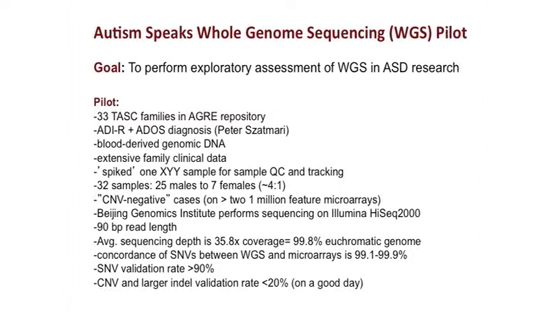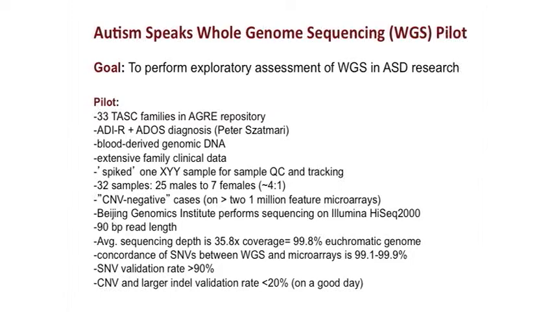This is targeted to be, it's called the Autism Simplex collection, but as you'll see, there are lots of cases in here that have siblings that are on the spectrum. These are in the AGRE repository. These are all diagnosed by ADI-R and ADOS, with blood-derived genomic DNA, so we didn't have problems with cell line-induced artifacts.